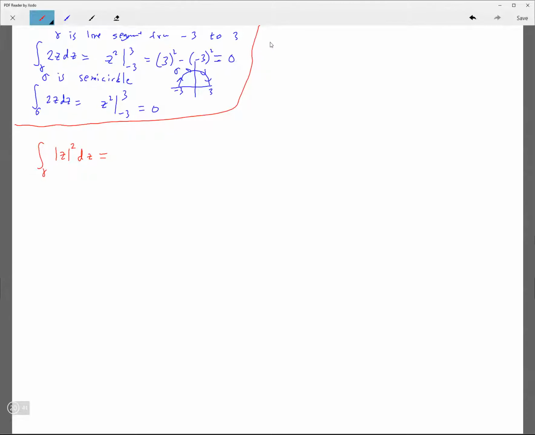And so let me see, from -3 to 3, we can parameterize that by gamma of t equals, wait, let me do it in order. So the beginning point is -3, so you can go like that, and then plus 3t.